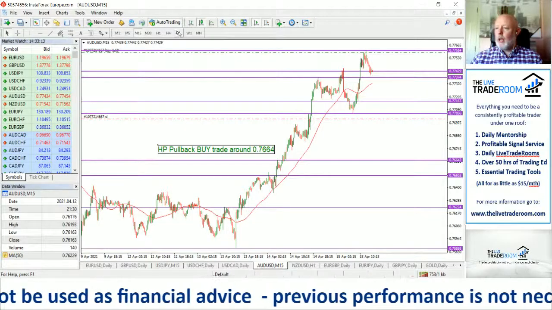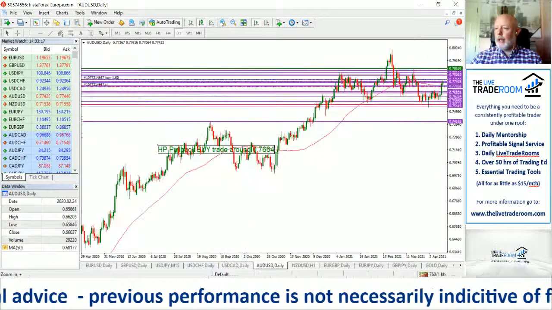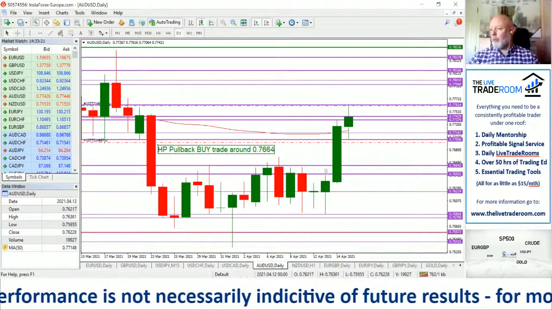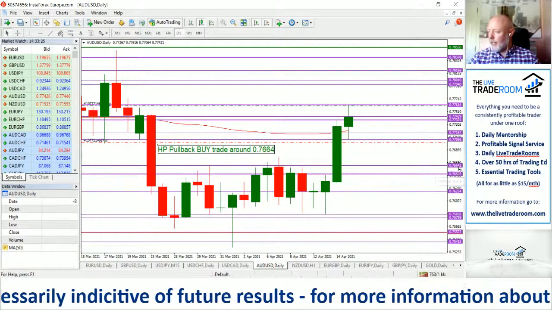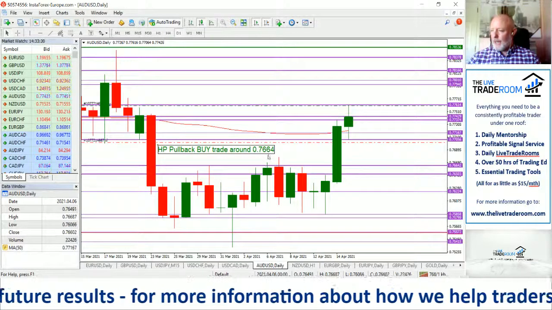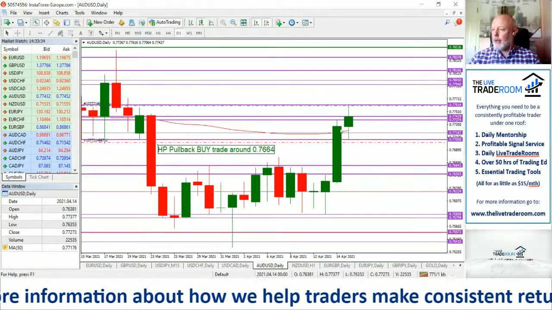So have a look at this on a daily time frame. You can see the uptick in this market, the sort of bullish aspect to it. So what's happened is yesterday we cleared out the 76.64, which is this level here. 76.64 really exploded to the upside.